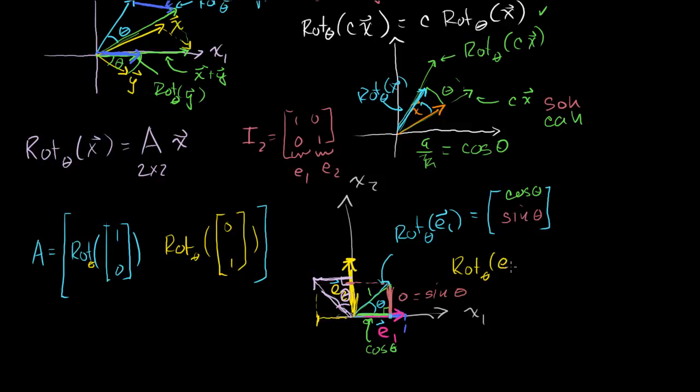This is E2 right there. Its new x-coordinate, or its first entry in this vector, is going to be equal to this distance on this triangle, but the coordinate is going to be the negative of this, right? If this is a distance of 2, this coordinate is going to be minus 2.